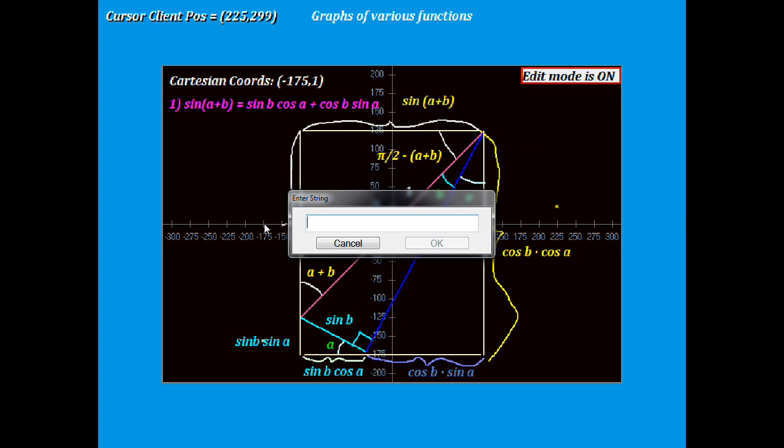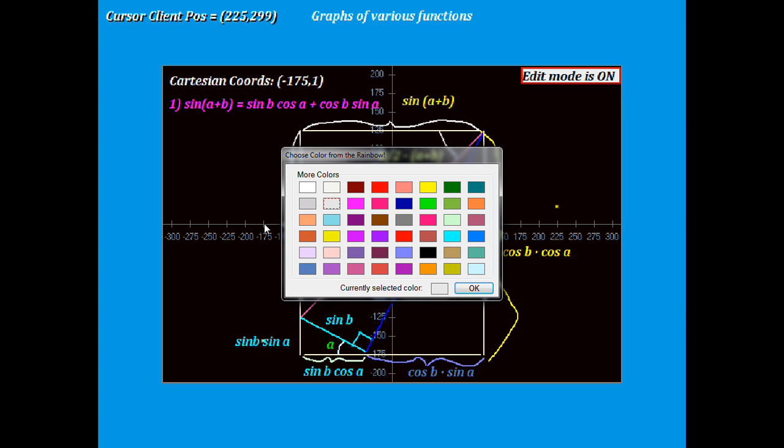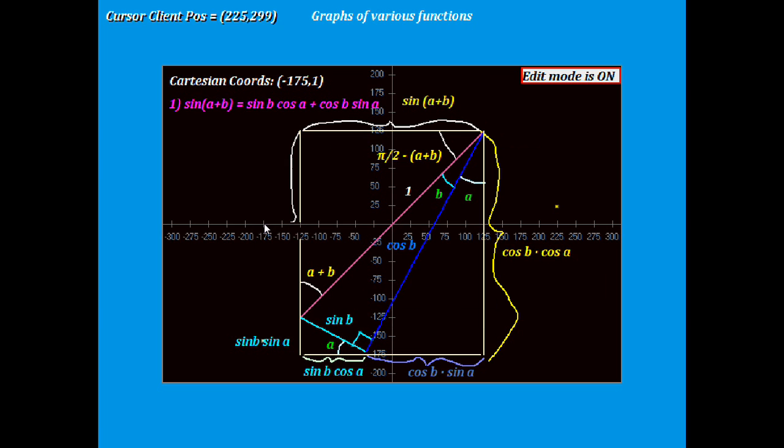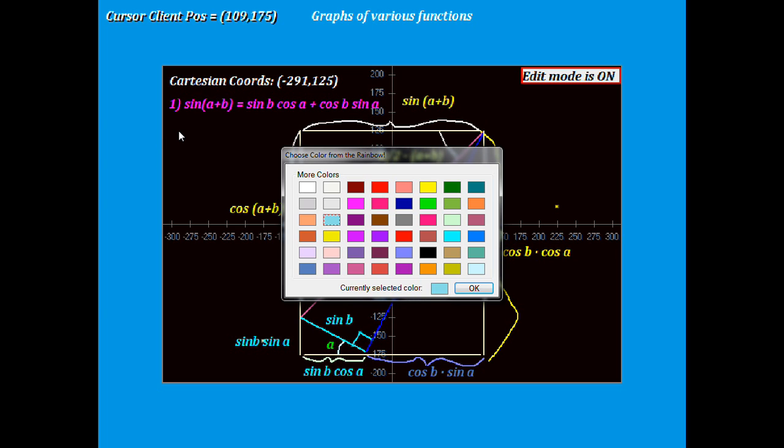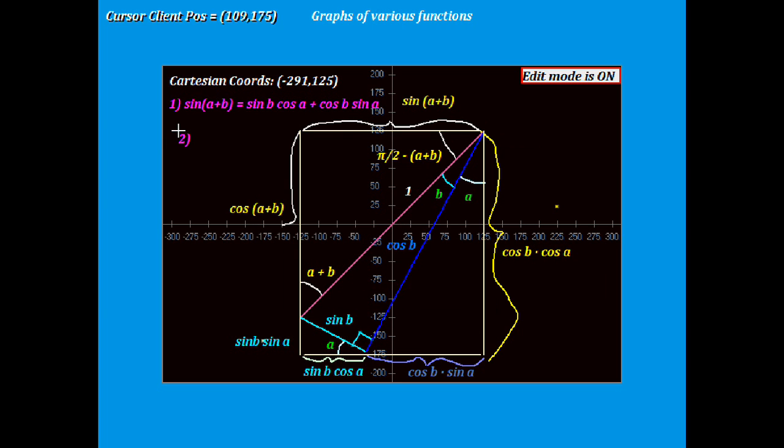This is cosine a plus b. Okay, now, so therefore we have the second result already with the assertions, which is that this plus this equals that.